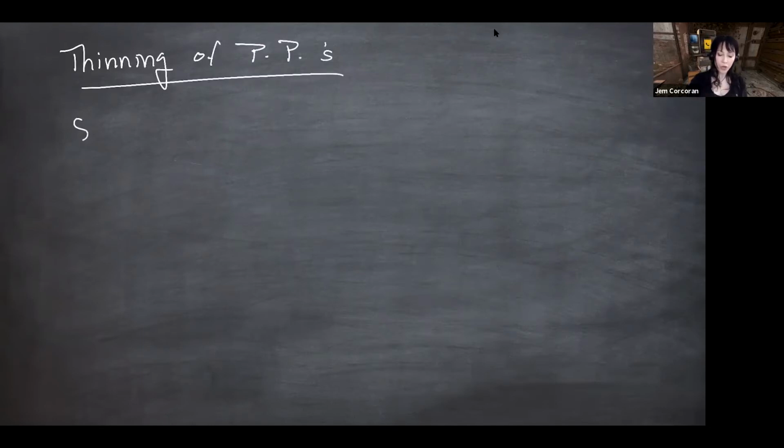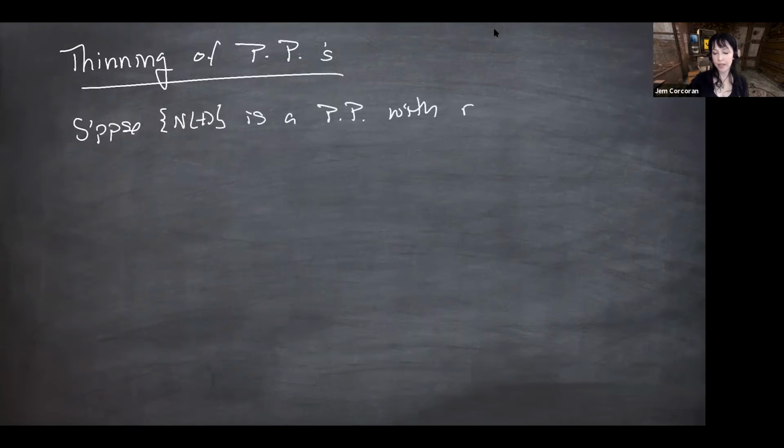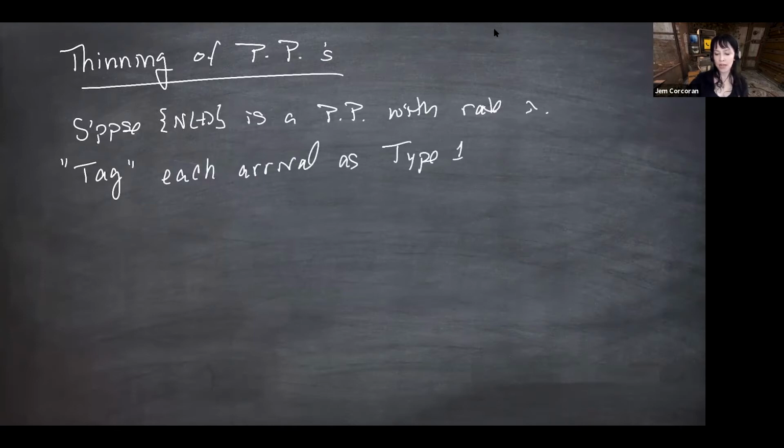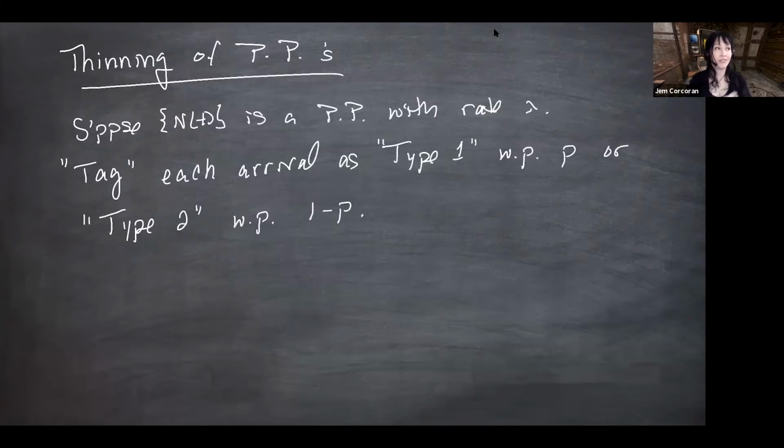So suppose that N of t is a Poisson process with some rate lambda. I'm going to tag each arrival, or label each arrival, as type 1 with probability p, or type 2 with probability 1 minus p.